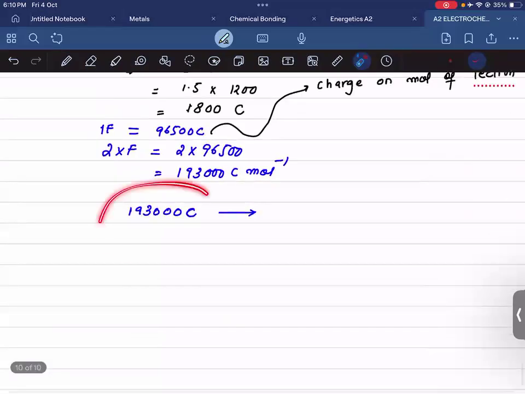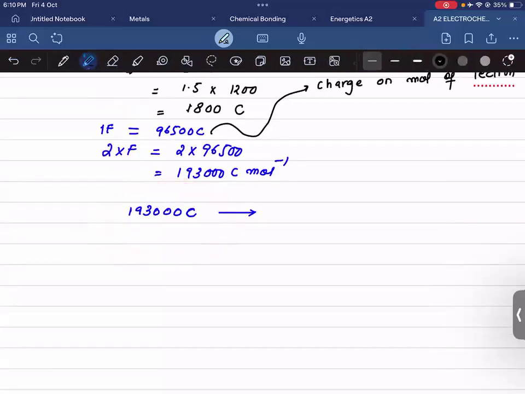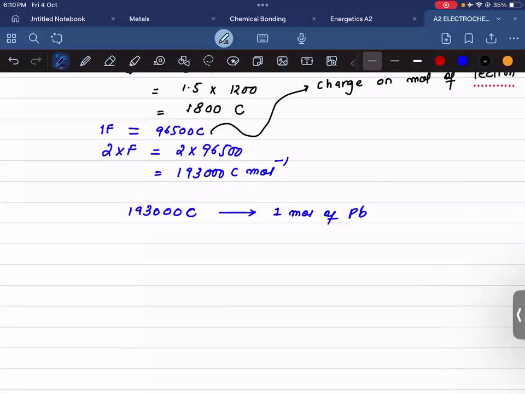So this much charge is needed to deposit 1 mole of lead. Or I can write it down: this much charge is required to deposit 207 grams of lead.